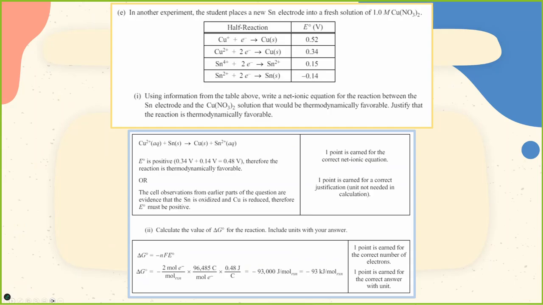And then here we got the 0.48, or as observed earlier, tin is oxidized, copper is reduced, and that makes E cell positive. And then here they ended up with negative 93,000 joules per mole of reaction, or negative 93 kilojoules per mole of reaction. But you'll notice in a lot of the electrochemistry questions, they have that negative n F E equation as one of the parts.